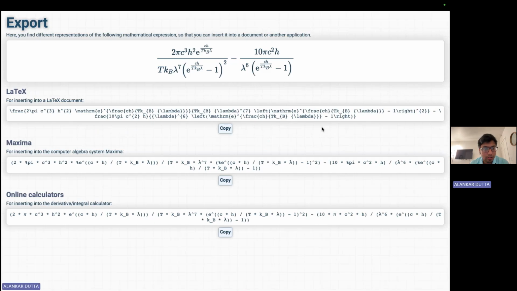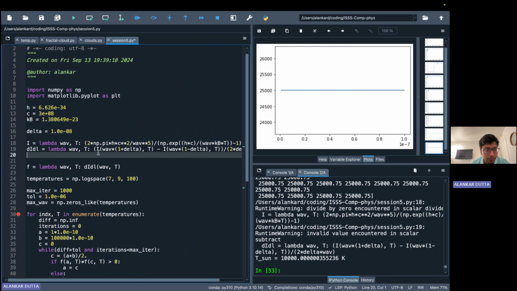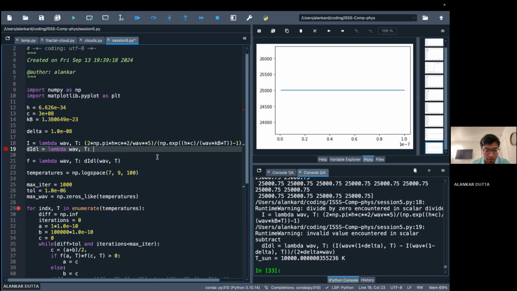So let's copy this one, and then we can edit this in Python, right? This will be np.pi.